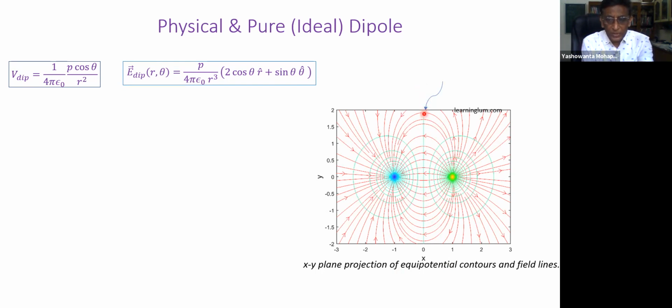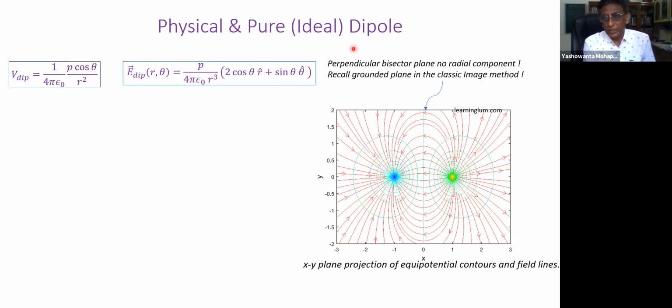Especially this plane, do you remember it? It's the perpendicular bisector plane between, let's say, plus q and minus q. What's happening? E is perpendicular here. In fact, the potential phi is 0 here. And there is special significance. In the perpendicular bisector plane, no radial component is there, only the theta component.